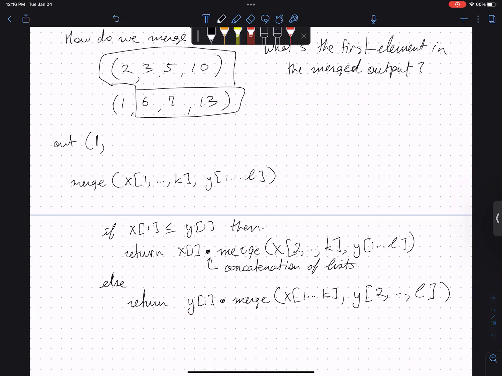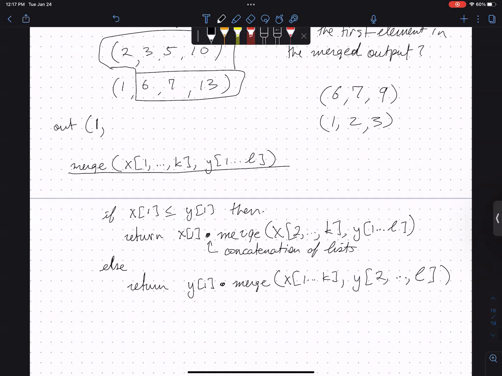The only thing missing in this code is the base cases. So the base case is if one of the arrays becomes empty. So let's say 6, 7, 9, and here you've got 1, 2, 3. Let's say these are your two arrays. First you make this call.